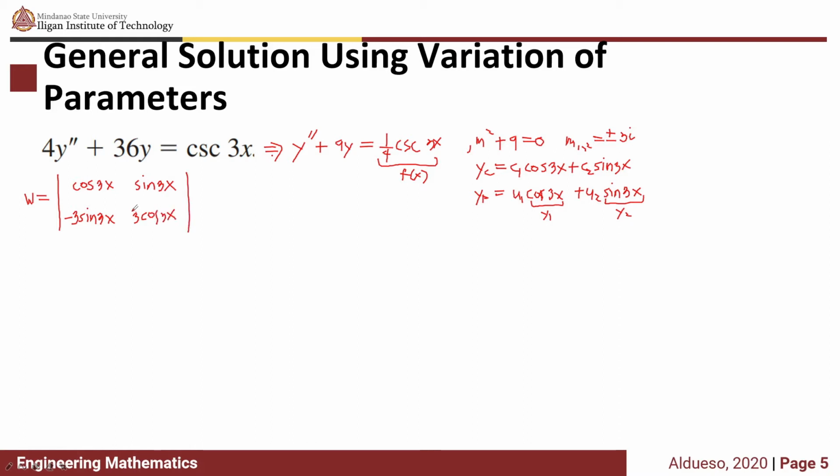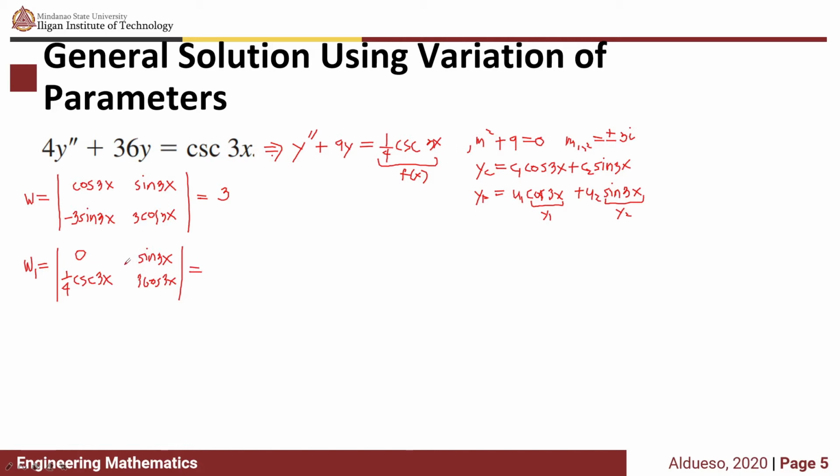The determinant of this matrix is equivalent to 3. So W1 is equivalent to 0, and our f of x is 1/4 cosecant of 3x, then sine of 3x, 3 cosine of 3x.